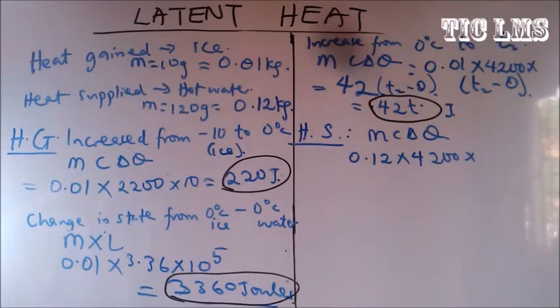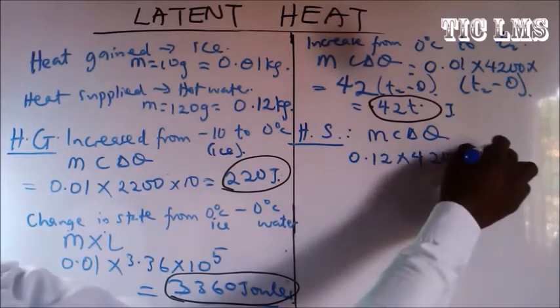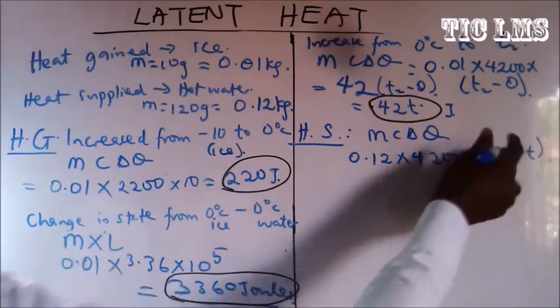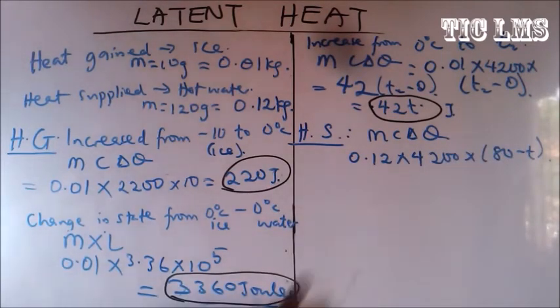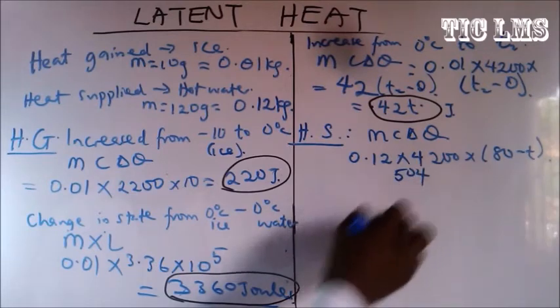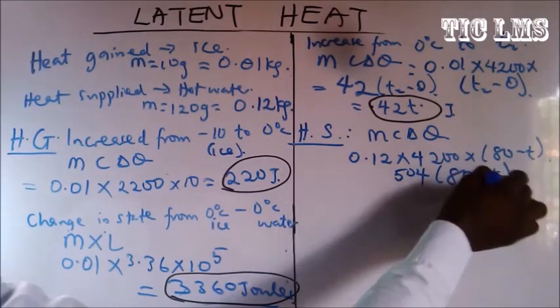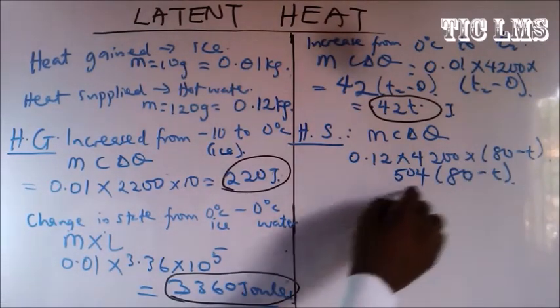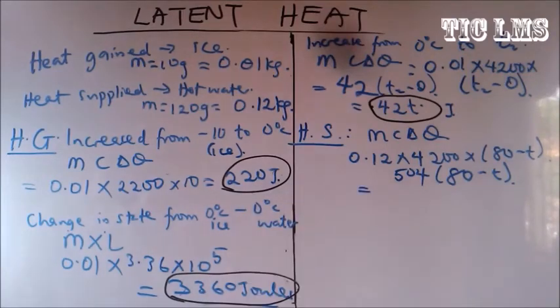The initial temperature of this hot water was 80, and it's reduced due to the ice, so we have 80 minus T. When we multiply this, we have 504 into bracket 80 minus T.